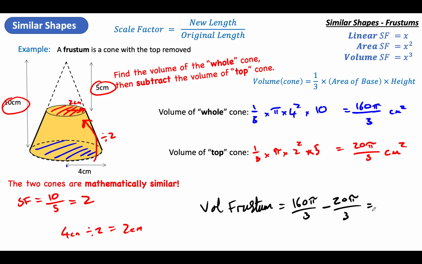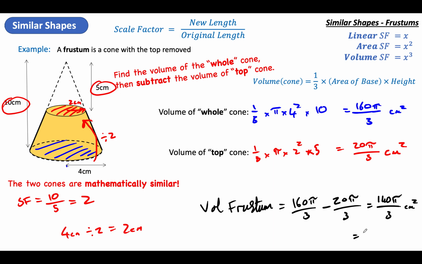So minus 20 pi over 3. Get the calculator to do it, and it says the answer is 140 pi over 3 centimeters cubed.